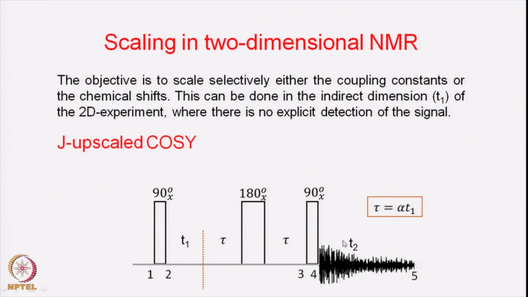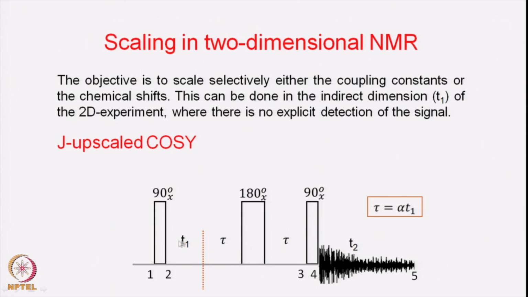Therefore, it is rather hard to do such manipulations of the coupling constants or the chemical shifts during the detection period, because obviously if you want them to appear differently in your spectrum, you will have to do some manipulations in the evolution, and that is a little harder.